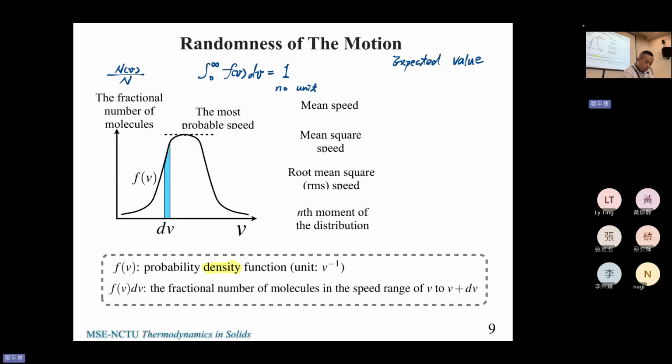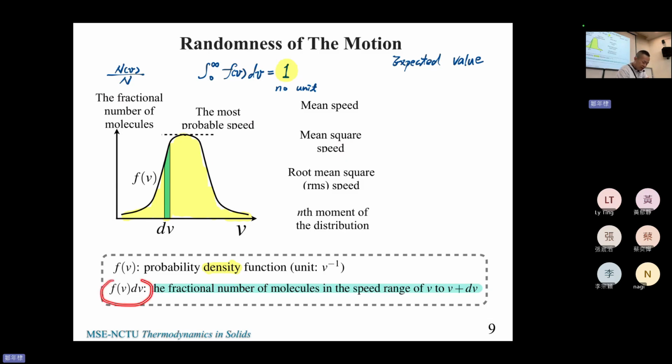So let me draw the 1. What does that mean, 1? The area under the curve, summing up together, becomes 1. Okay? So in each segment here, the blue part is actually the fractional number of the molecules in the speed range of v to v plus dv.